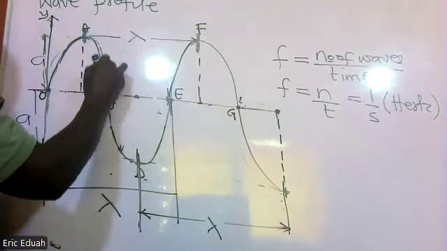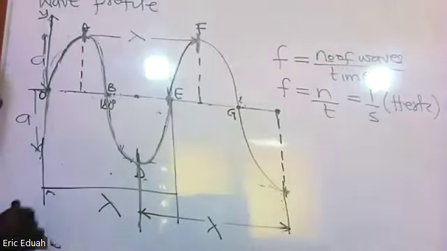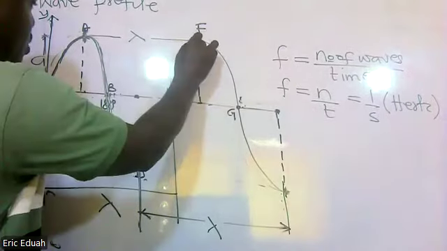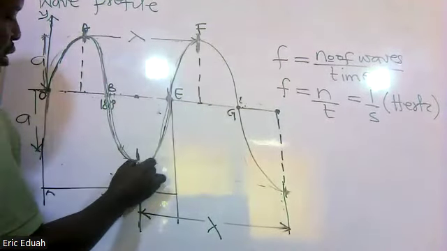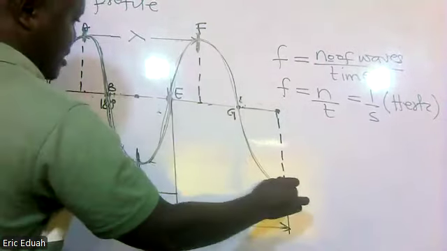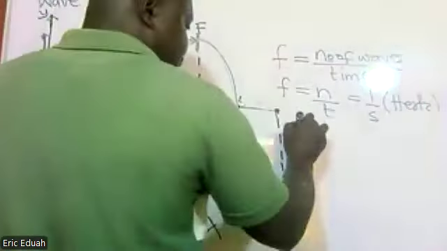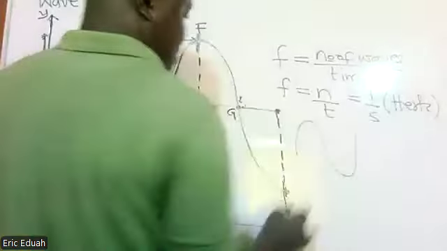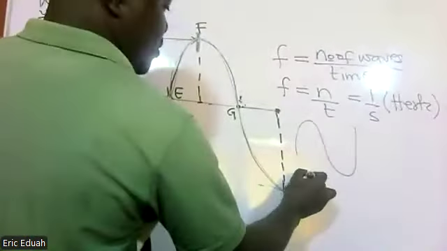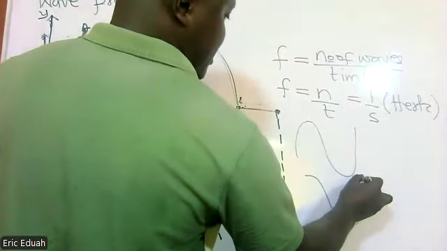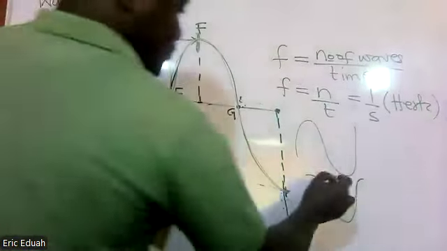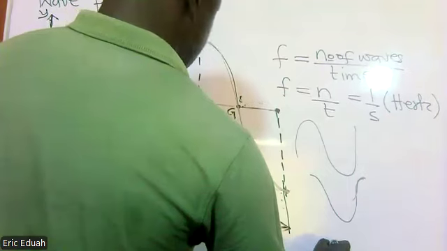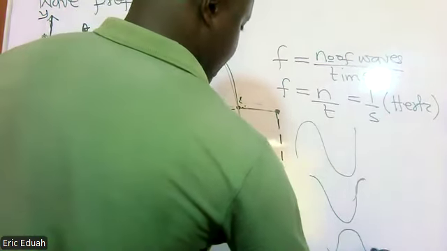A complete cycle is this, or a complete cycle is this, trough to trough or crest to crest. So the time taken to make a complete wave, which is like this, or a complete wave, which is like this, or a complete wave like this.